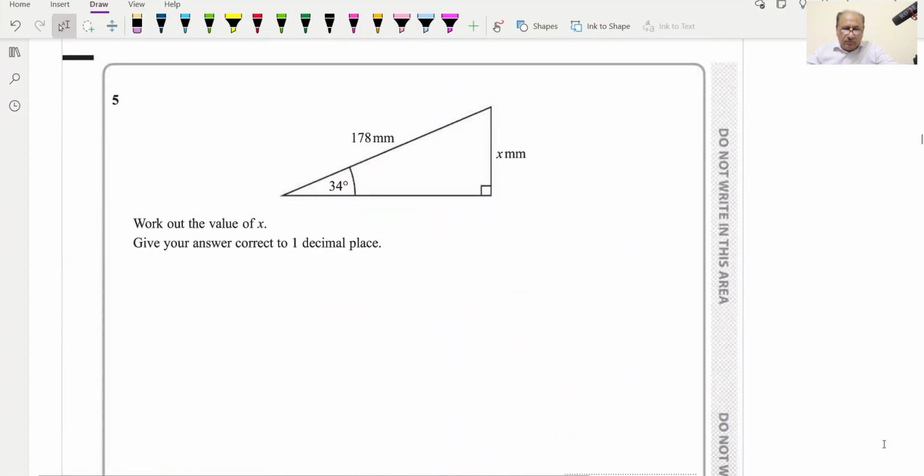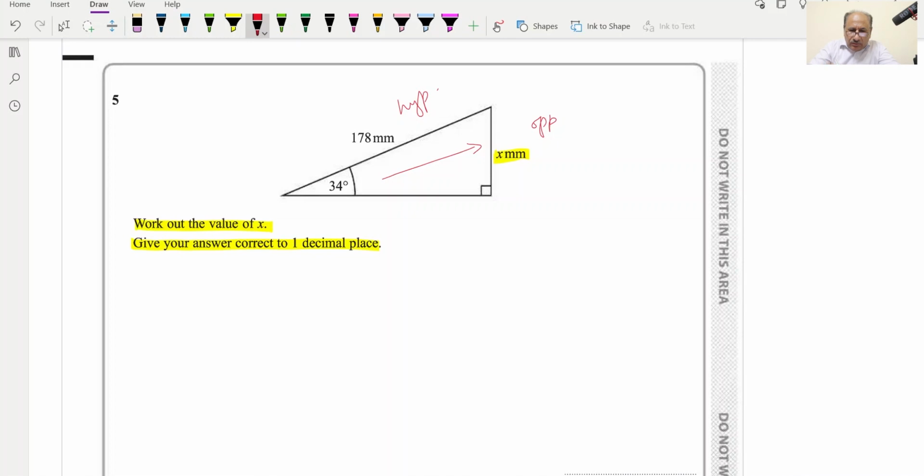Now question number 5 says work out the value of x. Give your answer correct to one decimal place. x is opposite, and we know opposite over hypotenuse is sine theta.